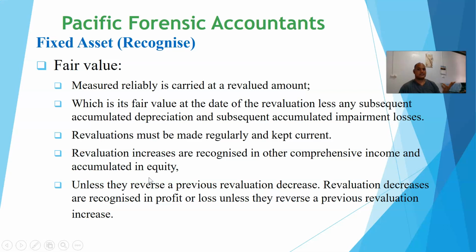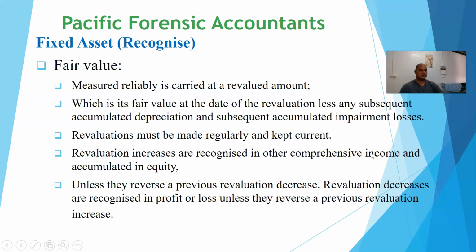Unless the situation can be reversed if the previous revaluation decreased. If the previous revaluation decreased, then the revaluation decreases are recognized in profit and loss, unless they reverse the previous calculation. So put it this way: if we have an increase in revaluation, that increase affects these two balances.